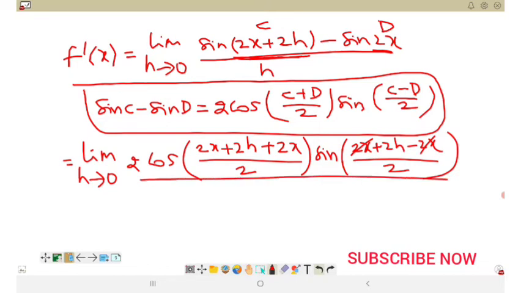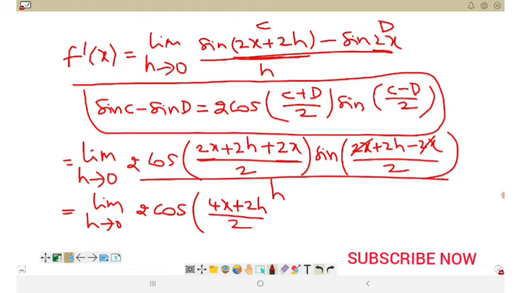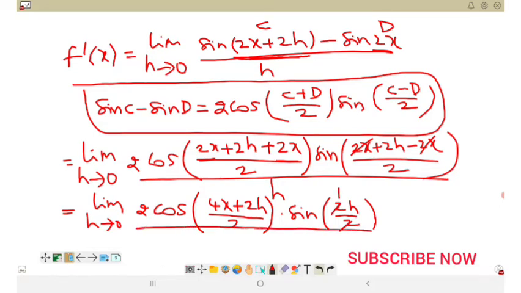So write by h. So limit h tends to 0, 2 into cos of (4x plus 2h) by 2, into sine of 2h by 2, by h.